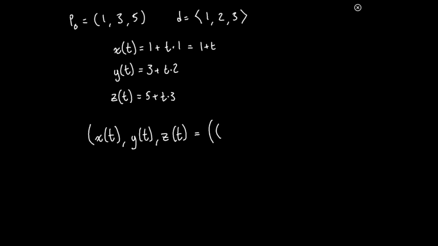And we can do that. We just do 1 plus t, comma, 3 plus 2t, comma, 5 plus 3t. Great. And there's our parametric equations for a line in 3D space.